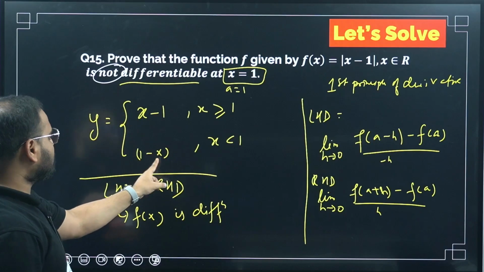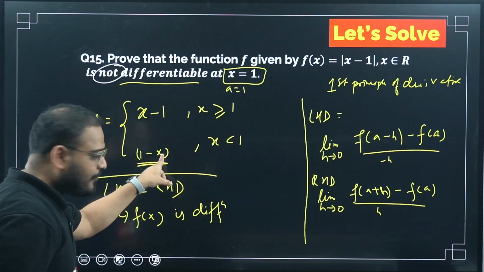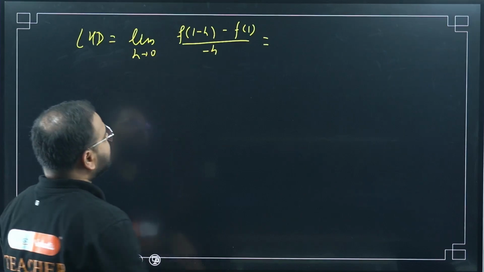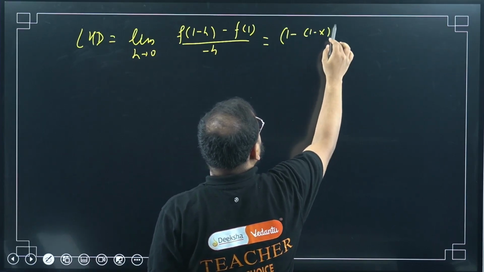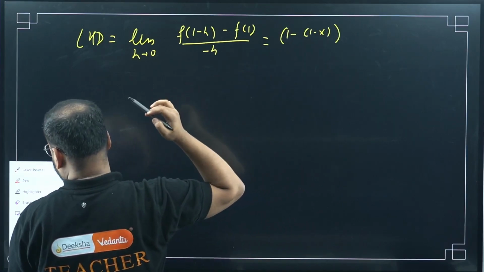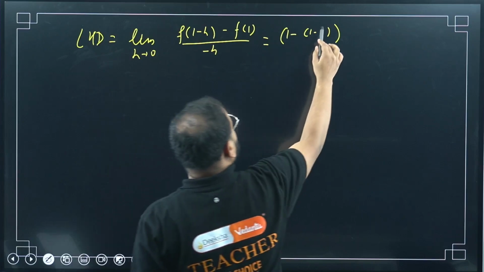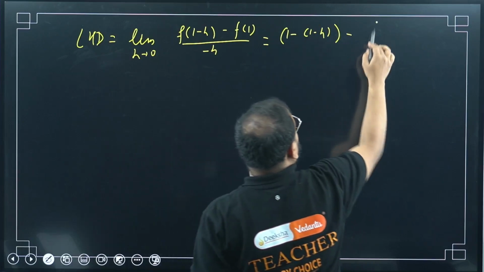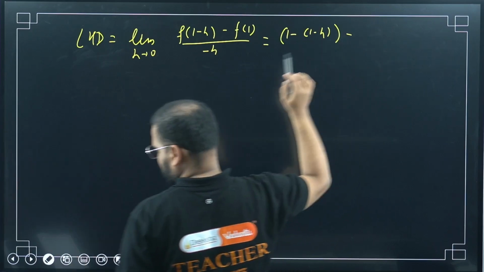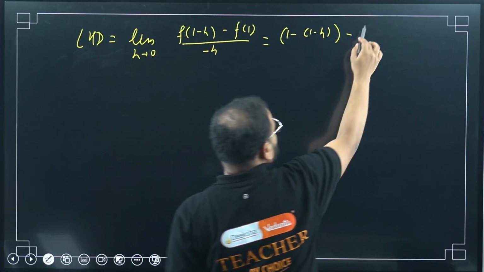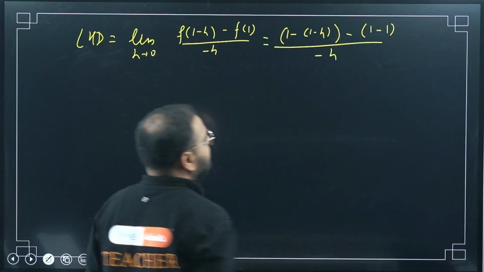In place of x, I'll put 1 minus h, okay? Sorry, 1 minus of 1. I'll show you why. Don't worry. This might be confusing. I'll show you why. Upon simply minus h. Please check this.